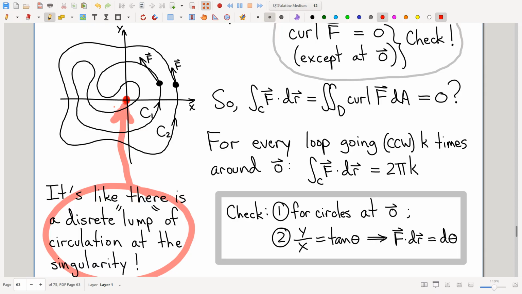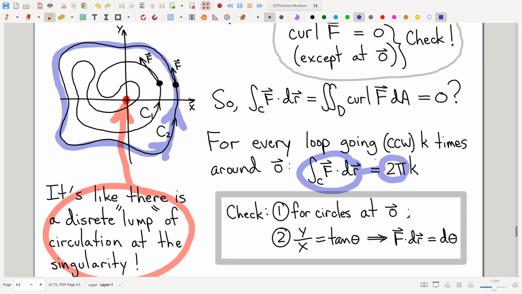And with that point of view in mind, can I make sense out of this line integral being 2 pi? Can I make sense out of this now as we're just adding up however much circulation is on the inside there?